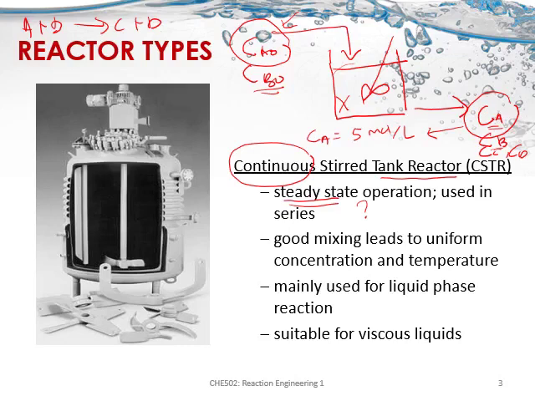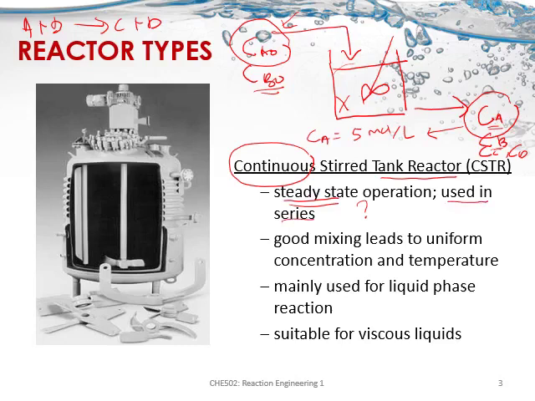So it is different from the batch reactor. Batch reactor is unsteady state, meaning conditions change with time: number of moles at the initial, number of moles at the final, and in between times, let's say 1 hour, they keep changing from NA0 to NA. Let's come back to this CSTR.